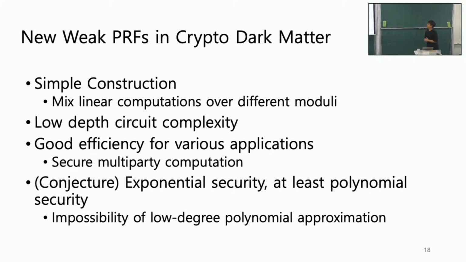Both candidates use a mixture of linear computations over different moduli, so they have simple construction and low depth circuit complexity. They have good efficiency for secure multi-party computations, and they are conjectured to satisfy exponential security.